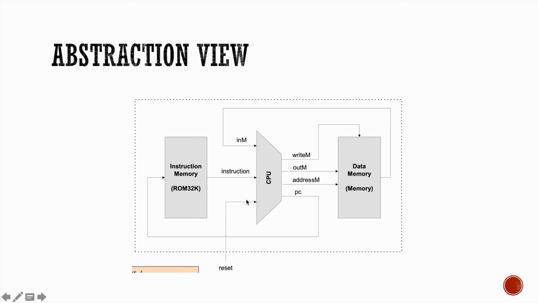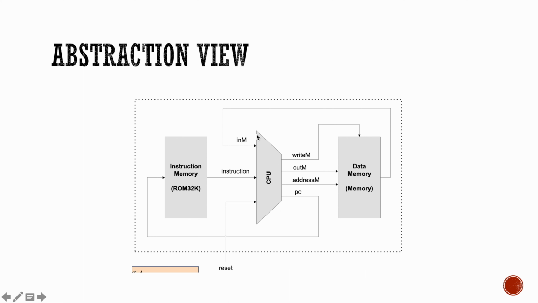So these are the three inputs that go into the CPU and produce four outputs: one is called writeM, the others are outM, addressM, and PC, which is the program counter.